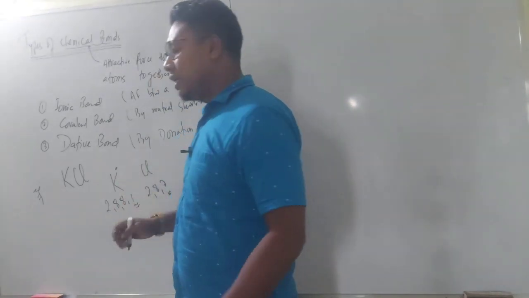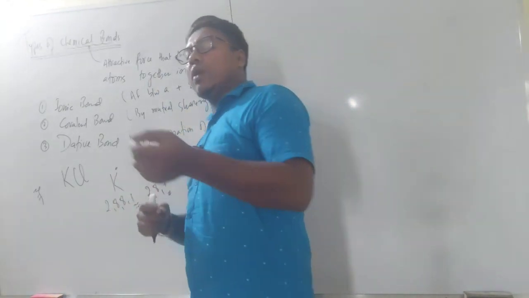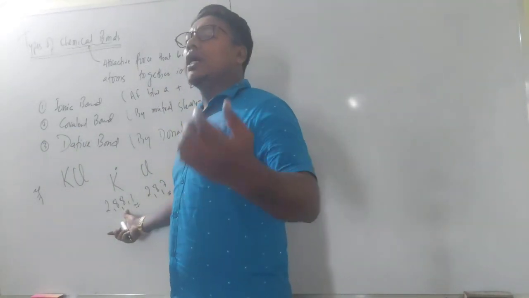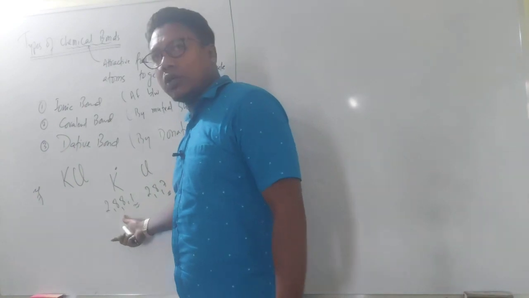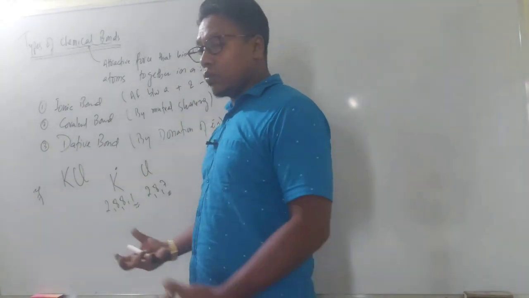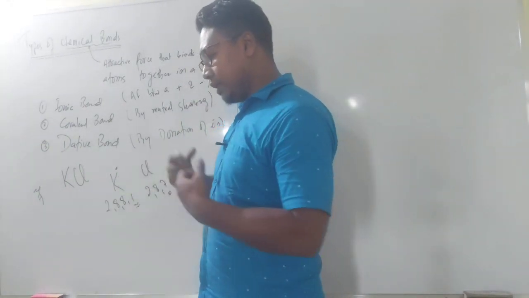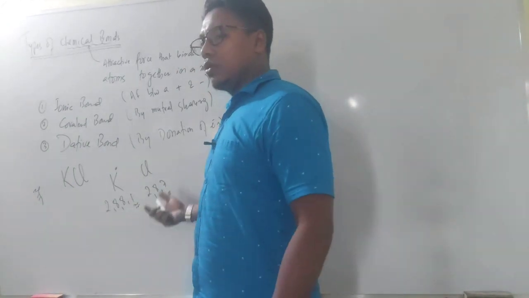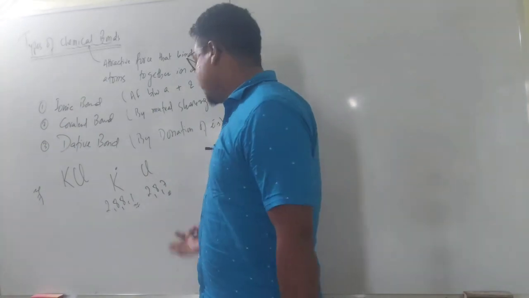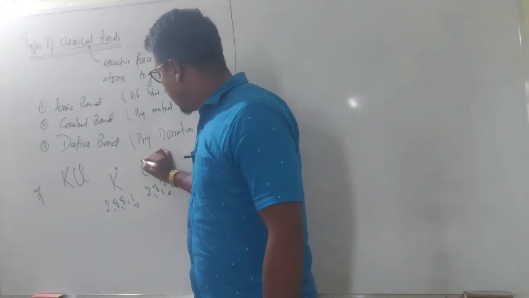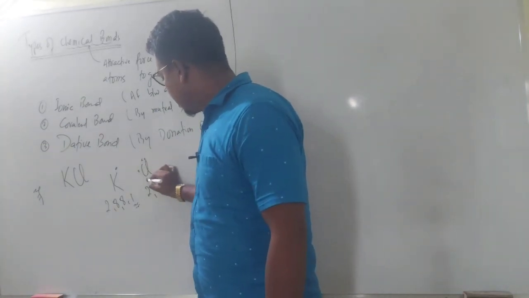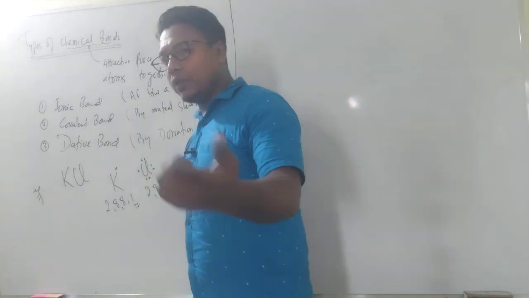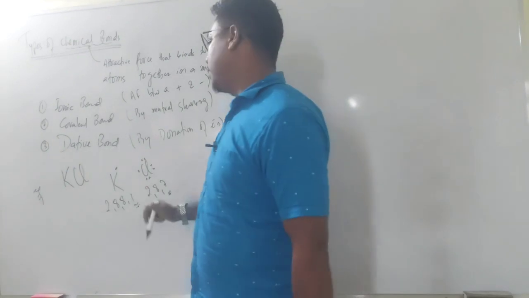So potassium needs to give one electron away to attain stability, means to acquire noble gas electronic configuration, while chlorine needs to accept one electron to acquire noble gas electronic configuration, so that number of valence electrons is 8. So this chlorine has 7 valence electrons.